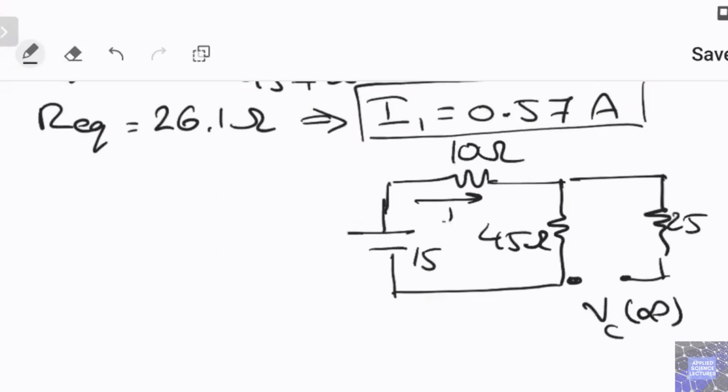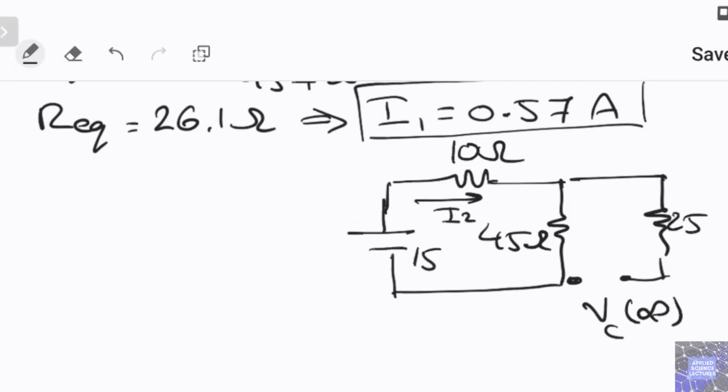Now we need I2. As I said, in this case the capacitor will reach its steady state, and the capacitor can be replaced by an open circuit.